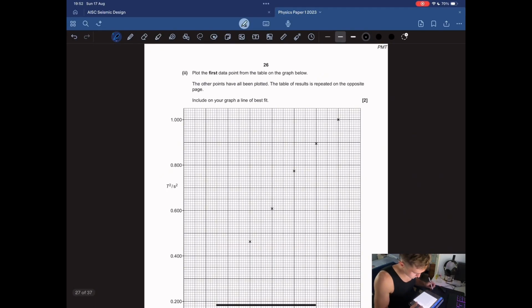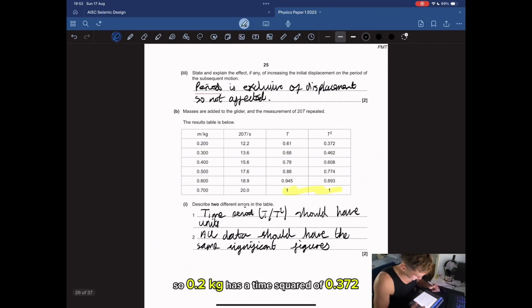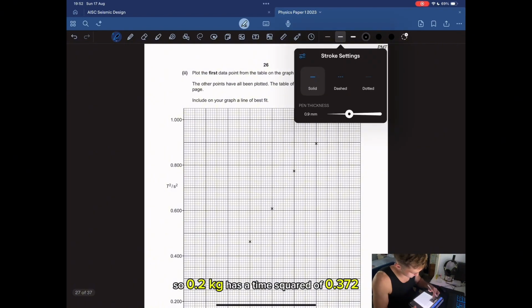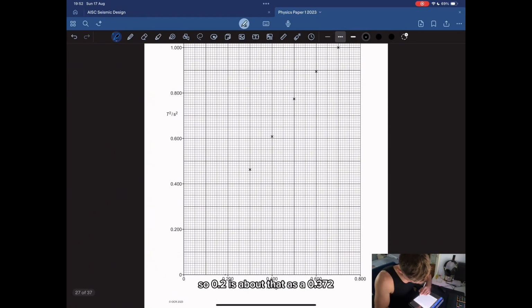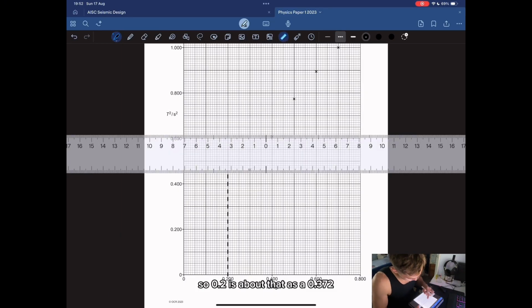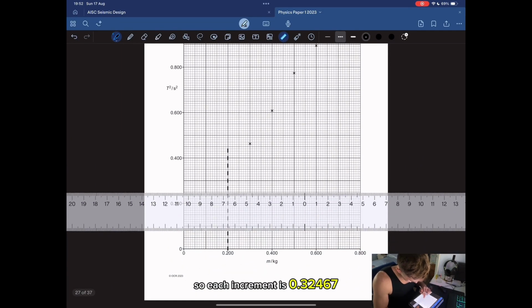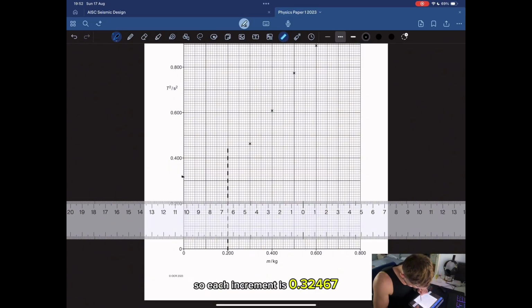Nice. So plot the first data point on the graph below. 0.2 kg has a time squared of 0.372. So at 0.2, use about that, a y of 0.372. Each increment is 0.32, 4, 6, 7.